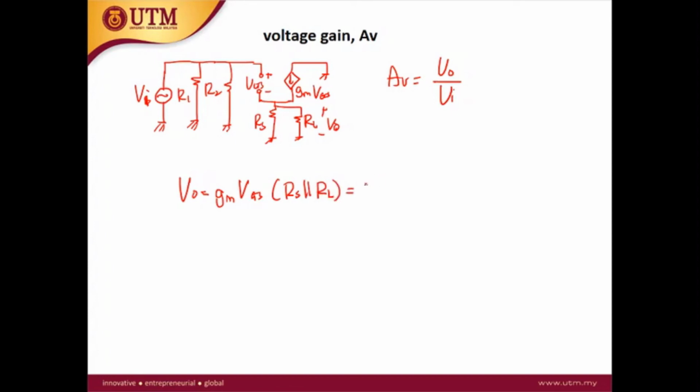So we insert the value. RS is 1.2K, RL is 1K, so this gives 1.42 VGS. So this is your V out. So what is V in? V in is the voltage at the input. This is the V in here. So the V in is equal to VGS plus V out.